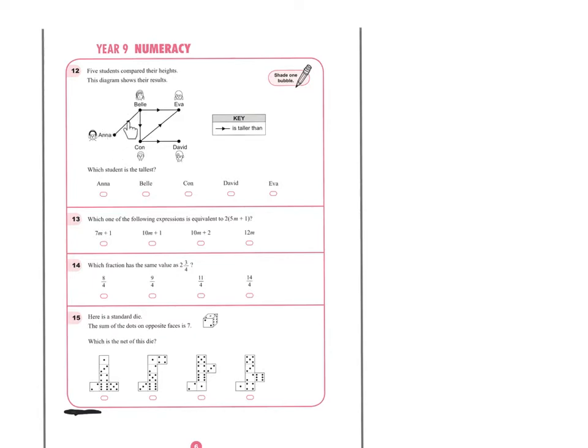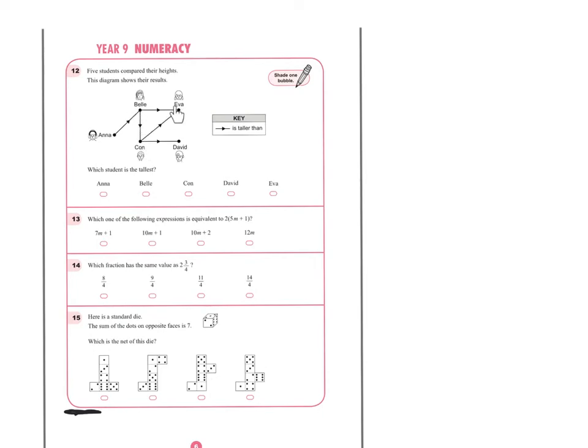We have Anna, Bella, Eva, Con and David, and we do have a small table here as a key, saying that this arrow tells us to read it as "taller than". For example, Anna is taller than Bella. Bella is taller than Eva and Con.